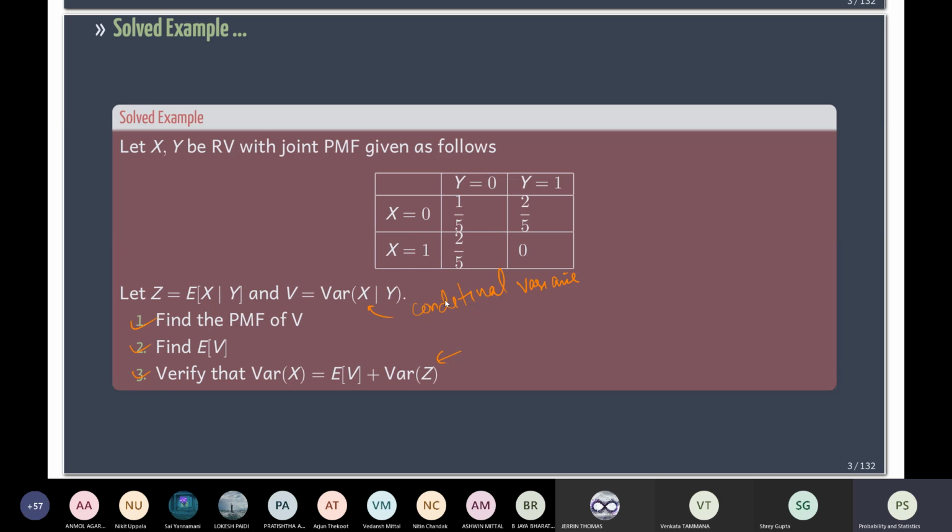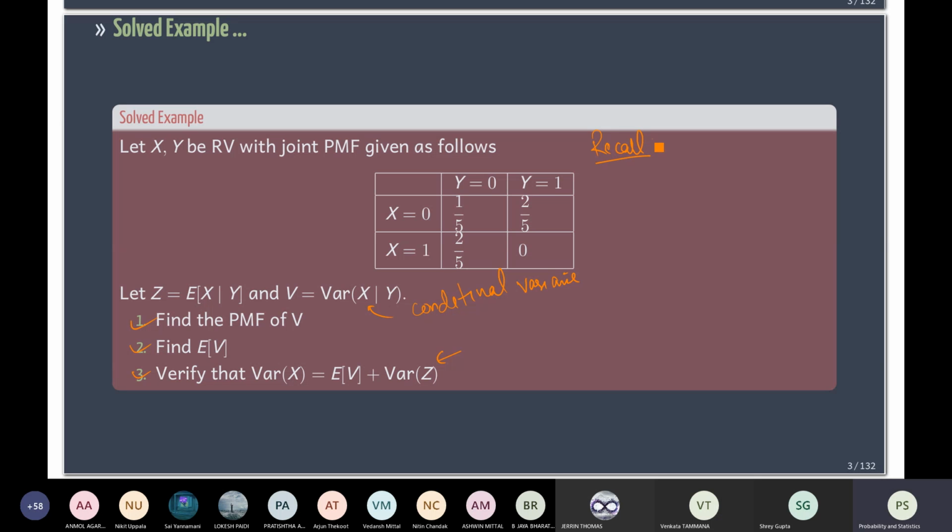So this is the joint PMF given to us. Now, what is the first question? Find the PMF of the random variable, which is the conditional expectation. Did we see this example before? Yes, I think so.